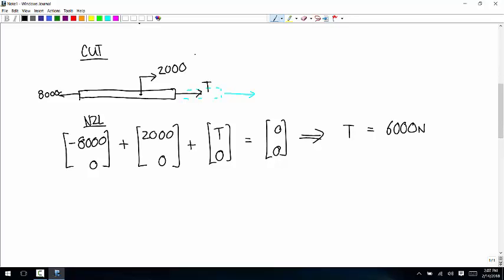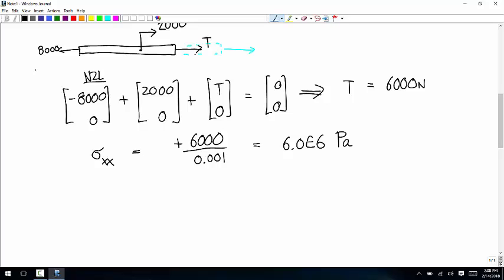And now that we have that internal tension, the x normal stress is equal to the tension divided by the cross-sectional area, which is 0.001. And so that is 6.0 times 10 to the 6th pascals. And notice that the sign of that stress element comes from the sign of the internal load.